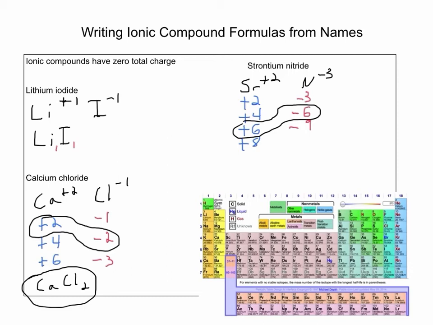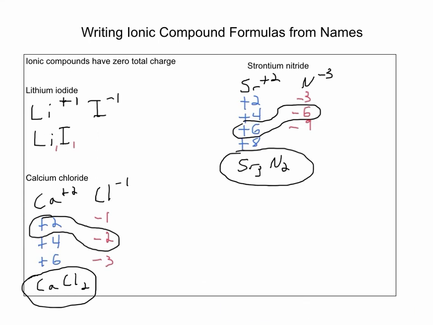Well, it says I need a total of +6 and a total of -6 for my charge. That means I need 1, 2, 3 strontiums. So I'll write Sr with a subscript 3. And I need 1, 2 nitrogens to get that -6 charge. So I'll write N2. So my final compound is Sr3N2.